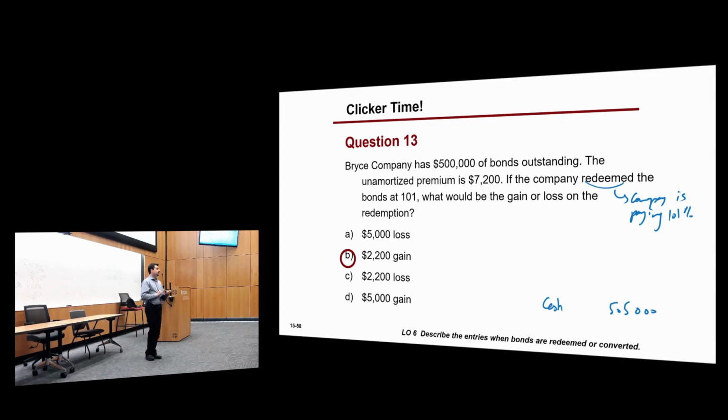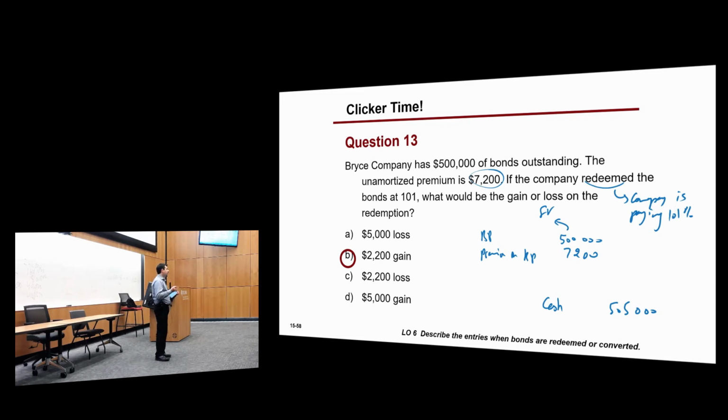The company will debit bonds payable 500,000, always at face value. We also have an unamortized premium, so we also debit premium on bonds payable. The unamortized amount is 7,200. What's the carrying value? What's the value of those bonds to the company? 500,000 plus 7,200.